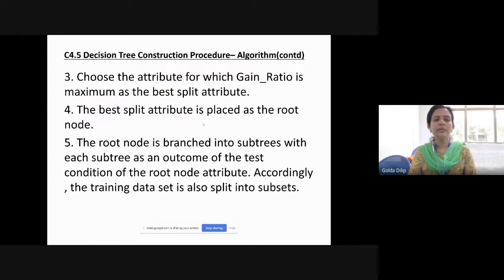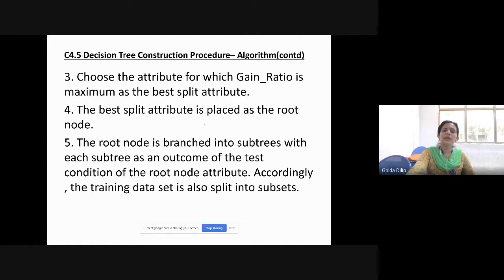After that, based on the gain ratio, and similar to your ID3, you choose the attribute for which the gain ratio is the maximum as the best split attribute. That will be placed as the root node. Then the procedures are all the same. The root node is branched into subtrees, with each subtree as an outcome of the test.